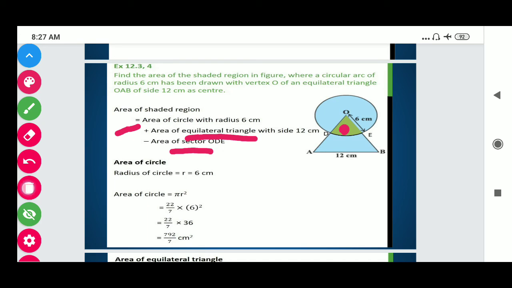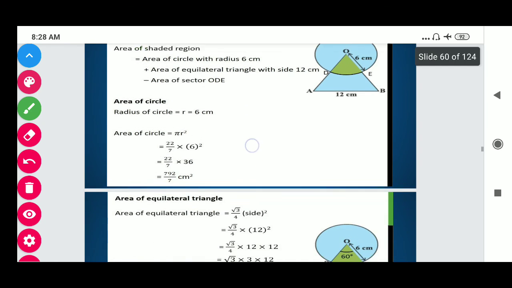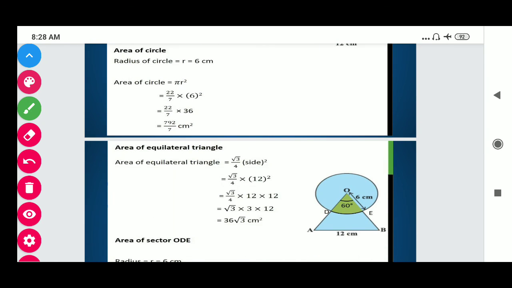Students, in this question we need to calculate the blue region. So for that, first we find the area of the complete circle, then add the area of the equilateral triangle and subtract the area of the sector. In this way, the area of the circle will be pi r square. The radius is given as 6 centimeter. Now in this way we get the area of the circle.